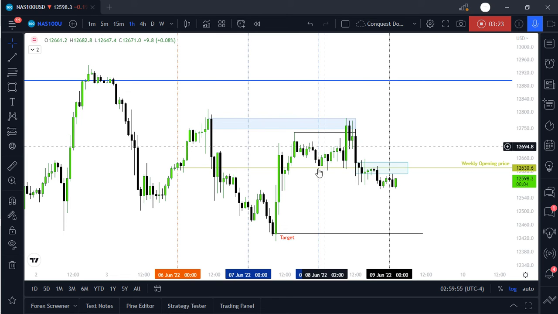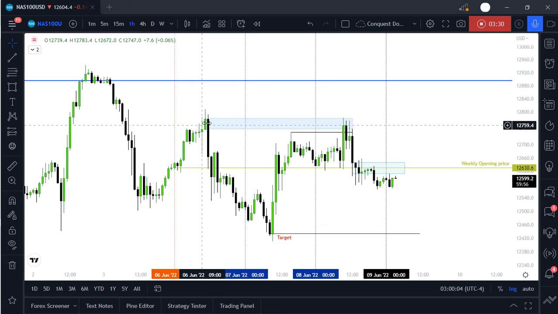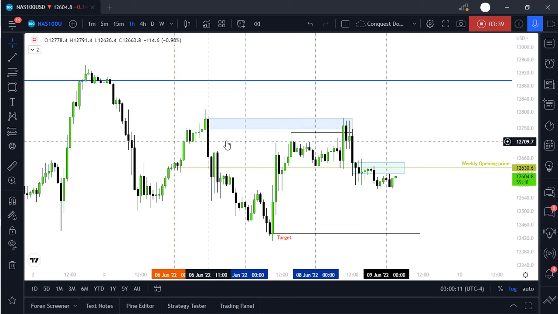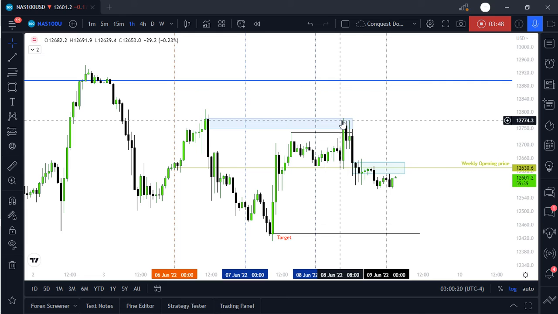But price did set up quite well for us on the morning session where price traded through the short-term low and then respected this bearish order block right here, which has an imbalance below it. We can see that price created the higher high structure as well as in the daily time frame.